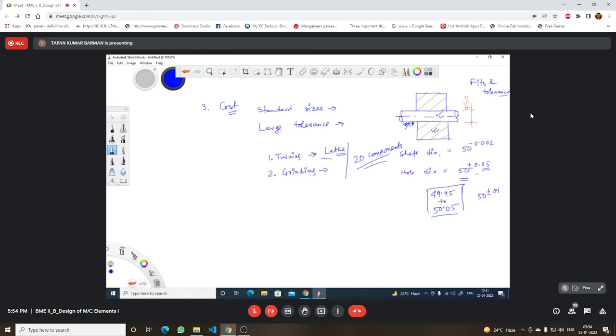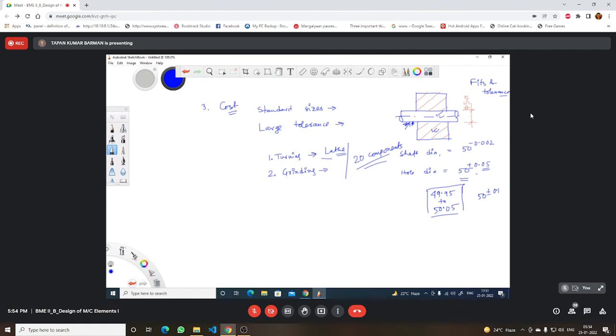If from the designer's point of view, after the turning operation, the product is not accepted for final assembly, then we should go for grinding. But if after the turning or grinding operation, the products we are getting are accepted by the designer, then only we can compare.